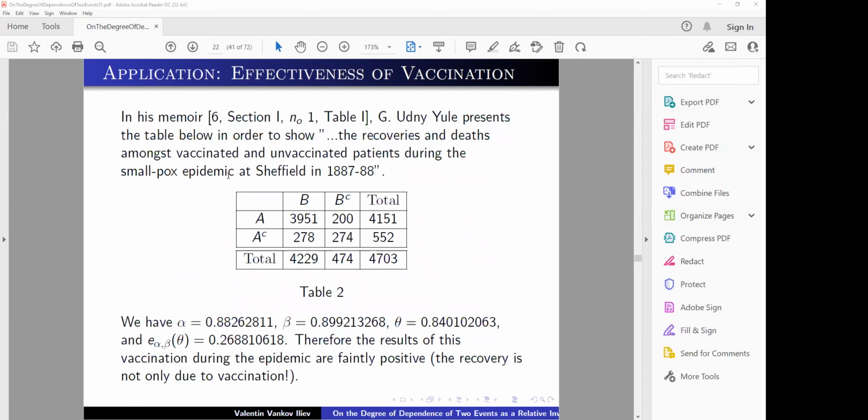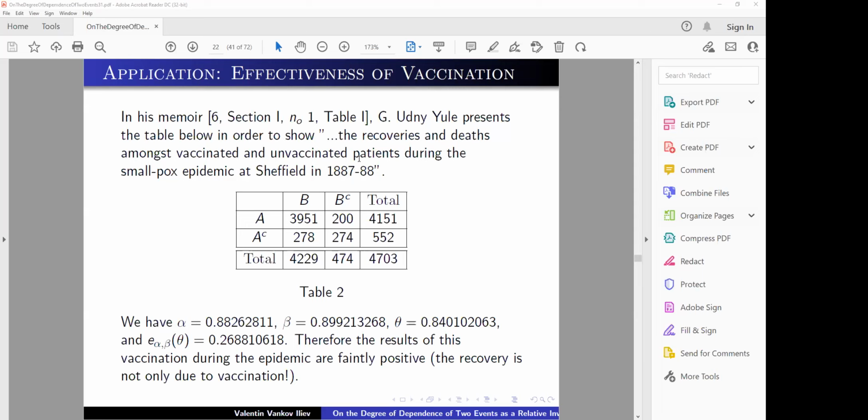And I took this from a memoir of this English statistician, Yule, from 1912. He presents a table in order to show the recoveries and deaths among vaccinated and unvaccinated patients during the smallpox epidemic at Sheffield in 1887-1888.